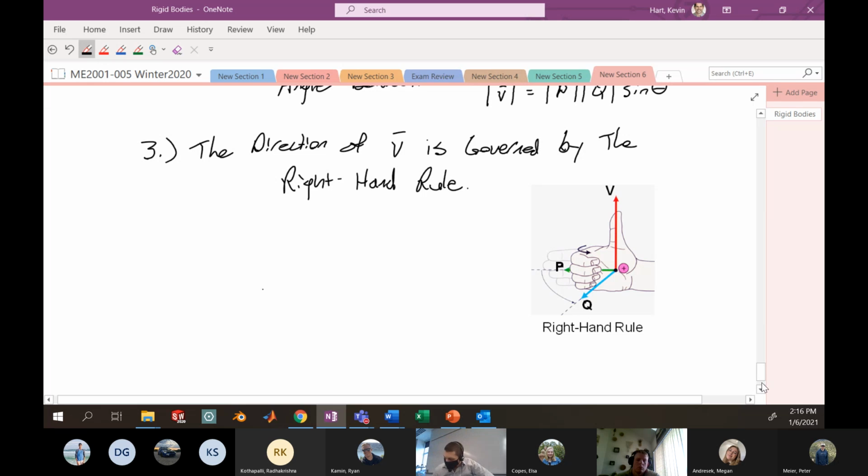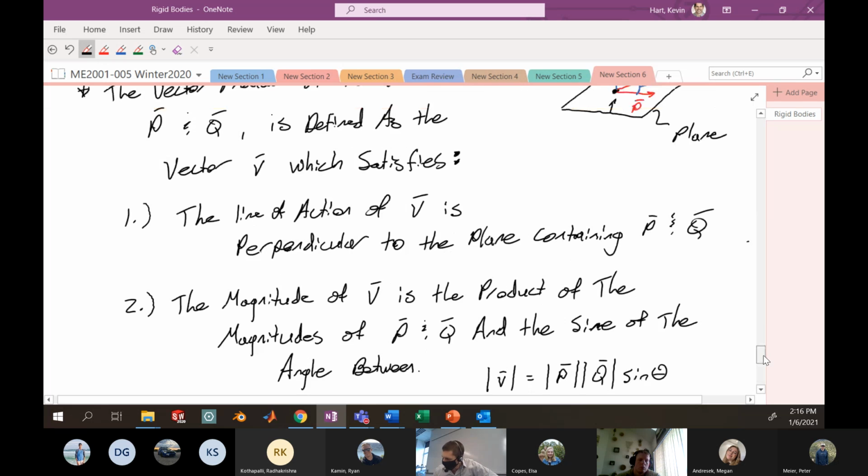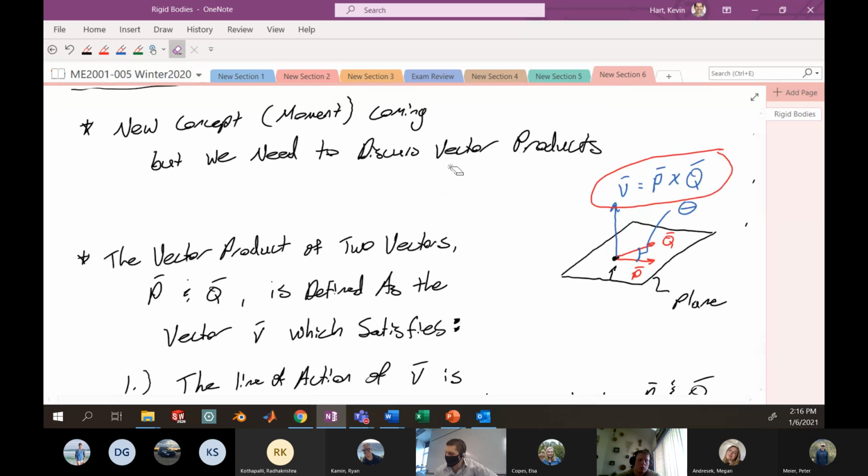Our vector product follows this same idea. I've been very specific in this drawing that the vector V is P cross Q. If I went the other way, I could create a V prime, which is in the opposite direction: if we wanted the same vector but pointed in the opposite direction, we could do Q cross P. This is an important distinction showing that the directionality of the vectors matters.